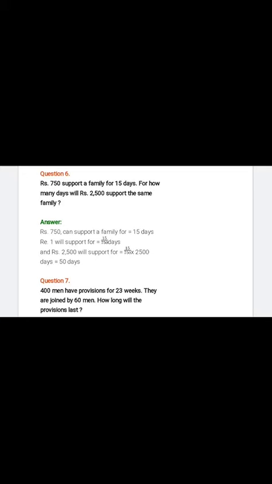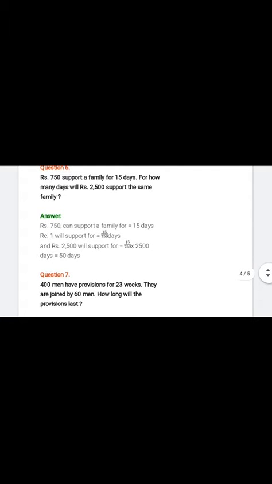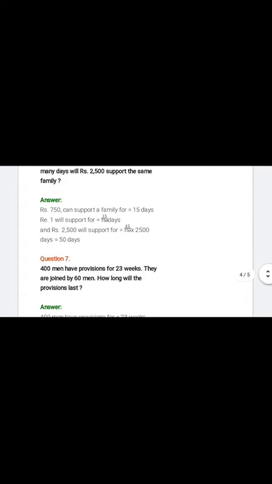Now rupees 2500 will support for 15 upon 750 multiplied by 2500. After doing the multiplication and division, how much will be the answer? 50 days. Got it now?